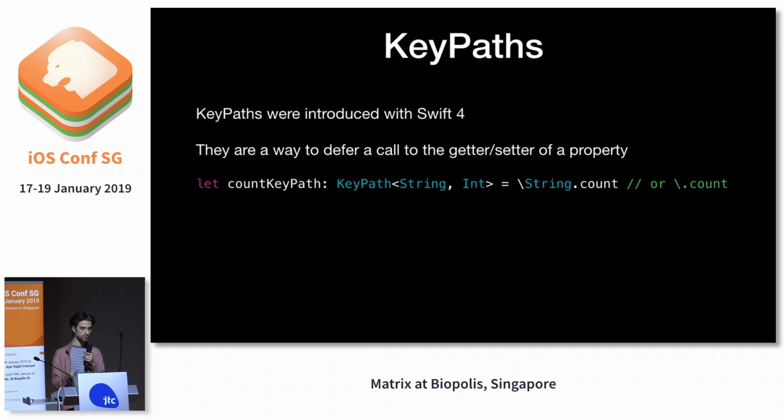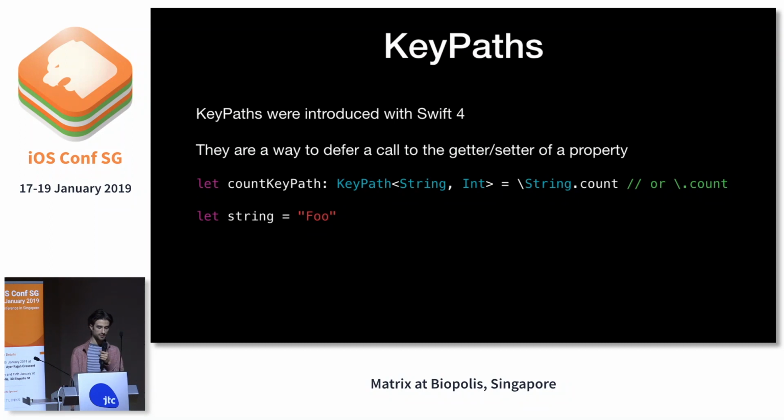And when you want to get a KeyPath, you use a literal syntax. It's backslash, the name of the type, dot, the name of the property. Or in cases where the type can be inferred, it's just backslash, dot, and the name of the property. So here you can see that I am taking a KeyPath to the count property of a string.